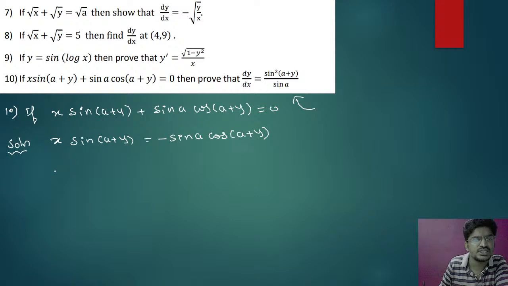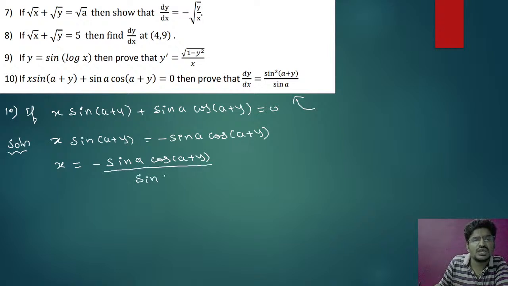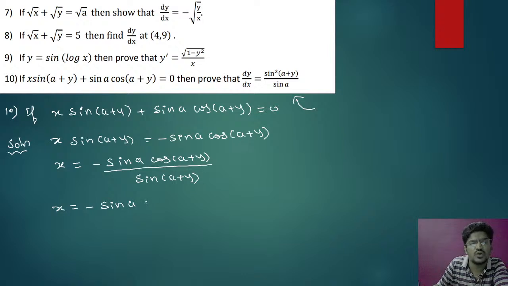So now you can see that x will be equal to minus sine a into cos of a plus y. The term is divided by sine of a plus y. Okay. So from this, x will be equal to minus sine a, cos by sine is what?